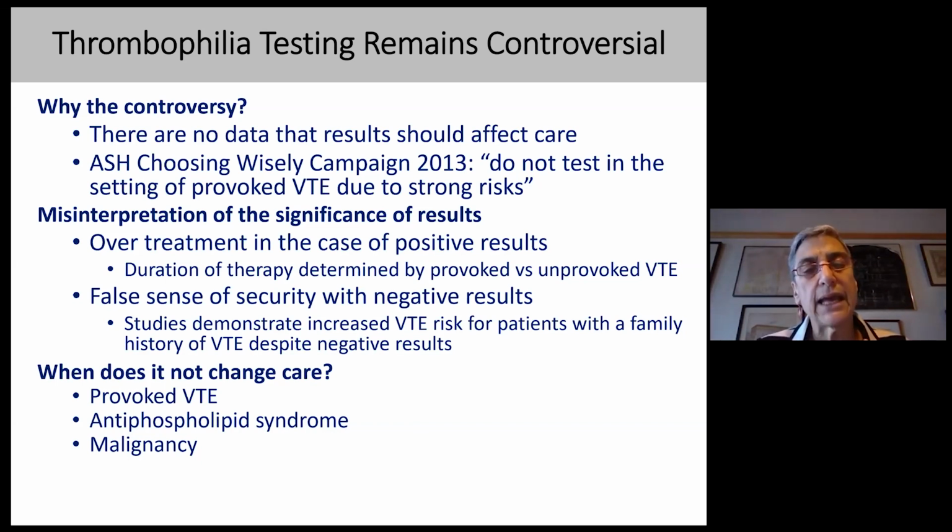However, in many hands, identification of one of these findings will make the physician commit the patient to long-term anticoagulation. The other thing is that if someone has an unprovoked VTE, they obviously have some risk factor. And so if you have negative results, that can actually be a problem because then they think, well, they're fine and they don't need long-term anticoagulation.